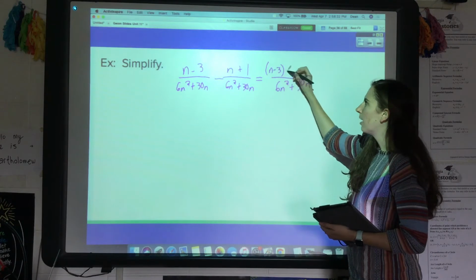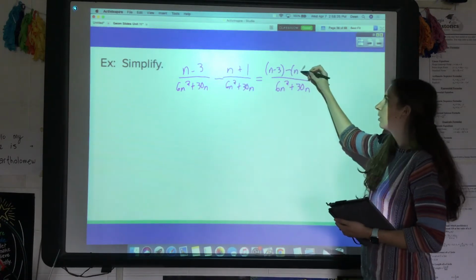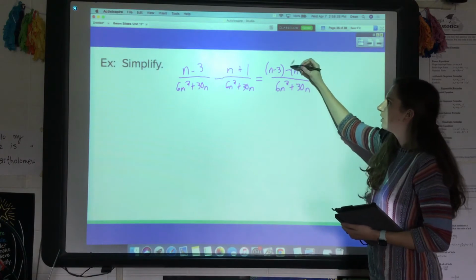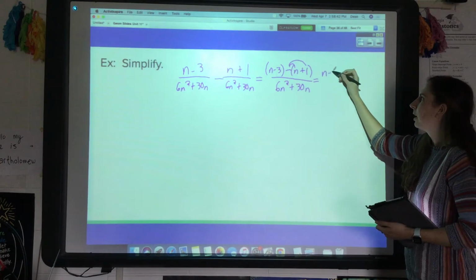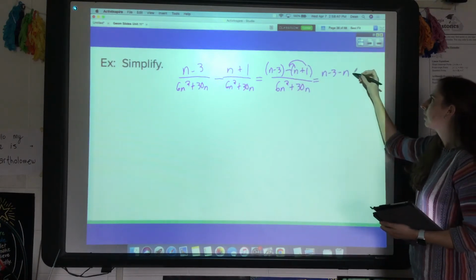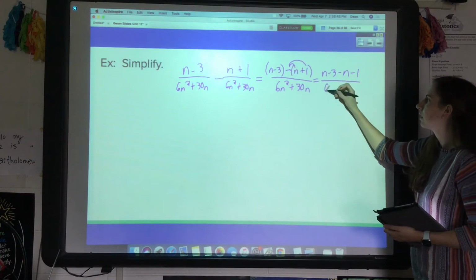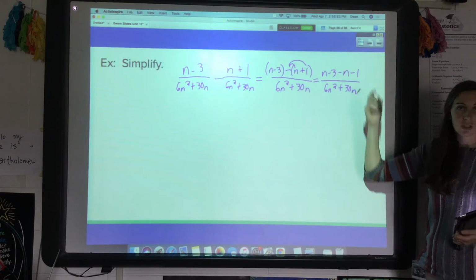Be careful though, that minus needs to go to both of those terms. So basically you need to distribute the negative to both of those. So this becomes n minus 3 minus n minus 1. And then n minus n just cancels out.